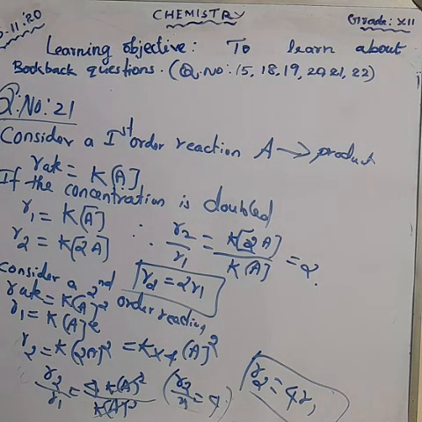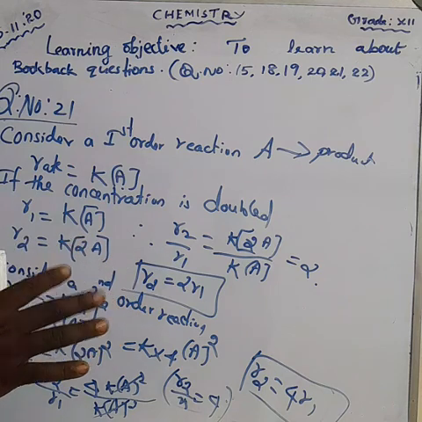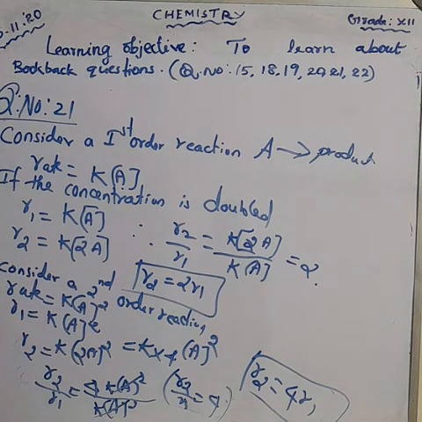So if the concentration of the reactant is doubled for a second order reaction, the rate is increased by 4 times.